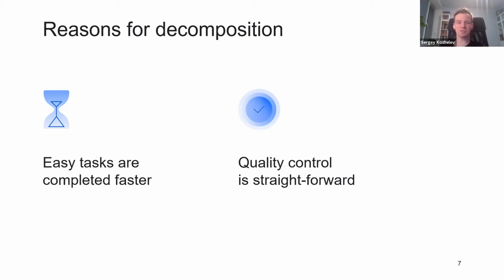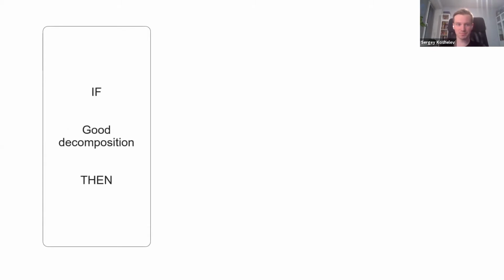It becomes pretty straightforward because if you have a simple labeling guideline, you can implement very effective aggregation models, pretty straightforward quality control rules, and so on.